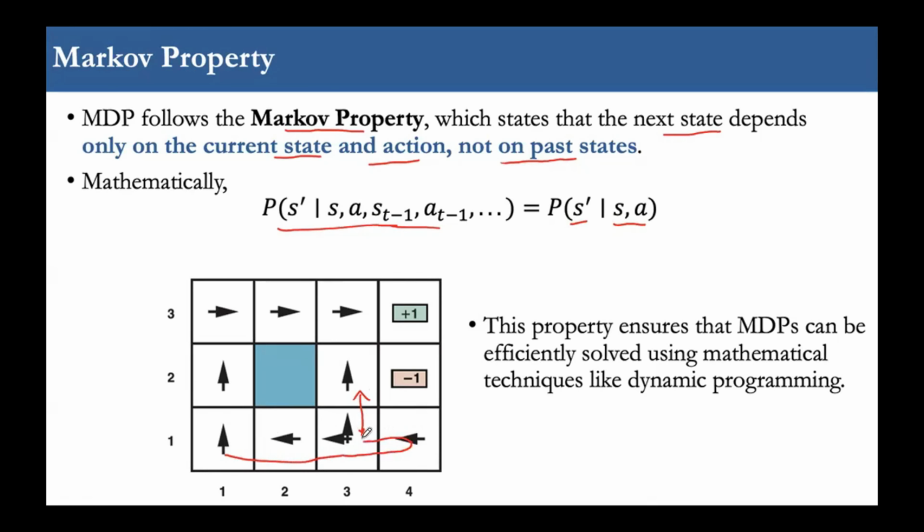Whatever the previous action may be, all the previous actions will be nullified. It considers only the current action. So what is the current action? The current state is here and it does an action up. So it moves to the next state, and this is said to be S dash. So this likelihood probability is based only on the current state and its current action.